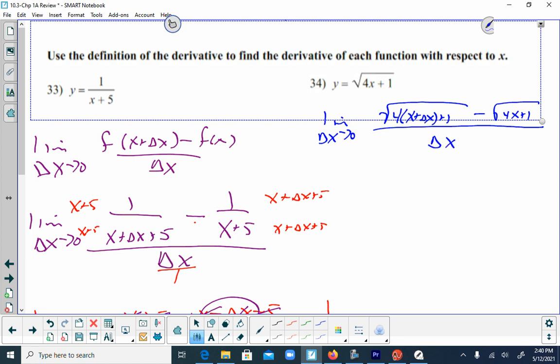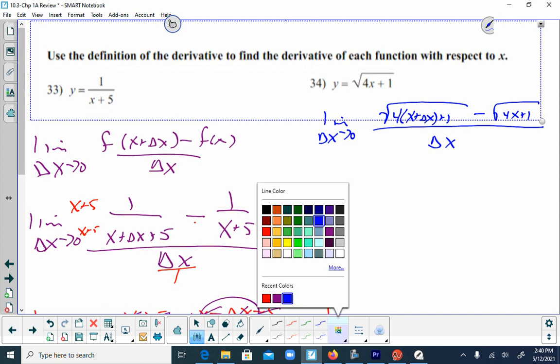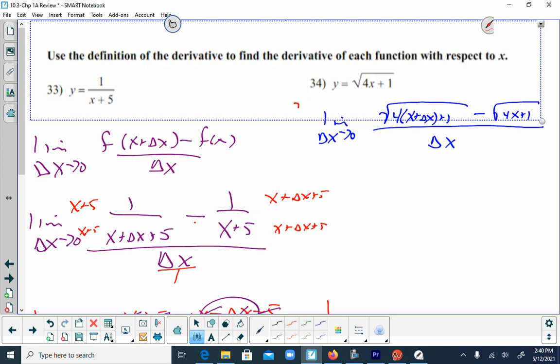So I have that thing where I have radicals, which means I'm going to multiply by the conjugate. So when I multiply by the conjugate, I am going to multiply by the square root of 4 times x plus delta x plus 1 plus the square root of 4x plus 1.